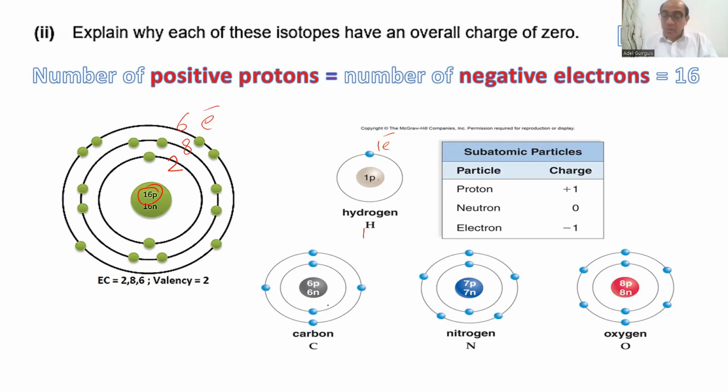Third example, carbon: 6 electrons in 2 shells, 2 electrons in the first shell and 4 in the second, and 6 protons inside the nucleus. So the number of protons equals the number of electrons, and the atom of carbon is neutral also. By the same manner, atoms of nitrogen and oxygen also.